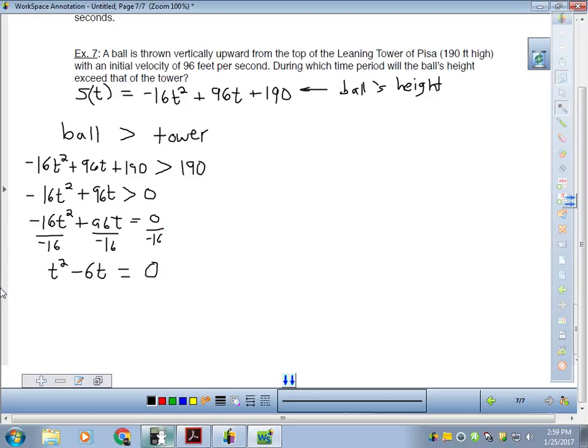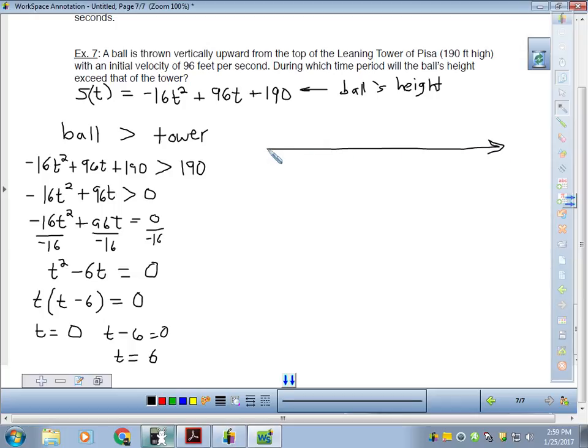Now that I've done that, this becomes a very easy equation to factor. I can factor out a t, and it would leave behind t minus 6. Set our factors equal to 0. We get t equals 0, and t minus 6 equals 0. For this one, we would add the 6 across, and we would have t equals 6. So these are our two boundary points, 0 and 6.